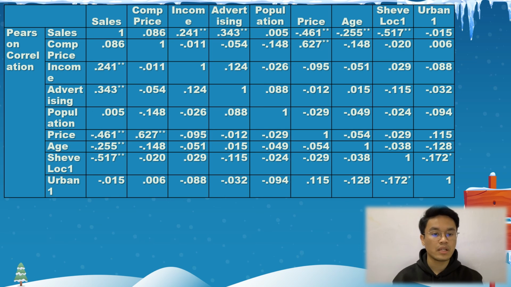Next, income correlates highly with sale, advertising, and shelf log, and there is no significant correlation between income and competitor price, population, price, age, and urban. And we also can see that price correlates highly with competitor price and urban. And there is no significant correlation between price with sales, income, advertising, population, age, and shelf log.